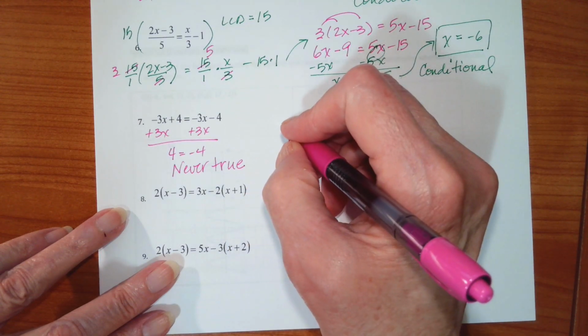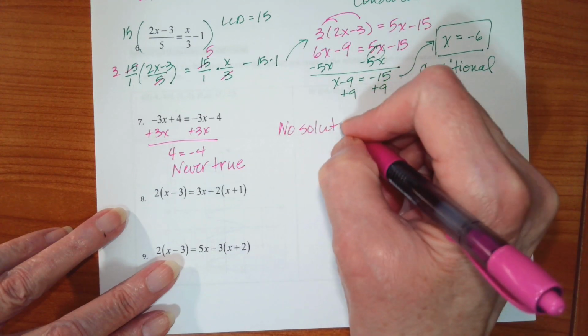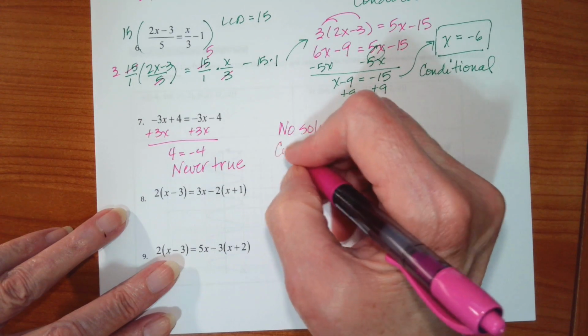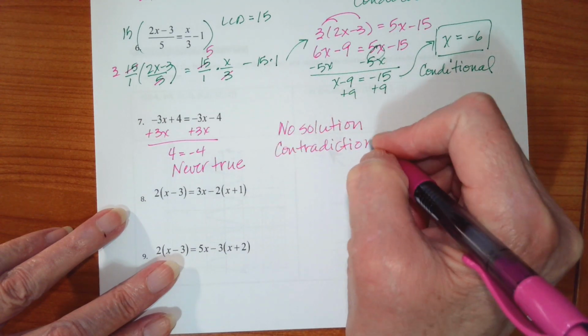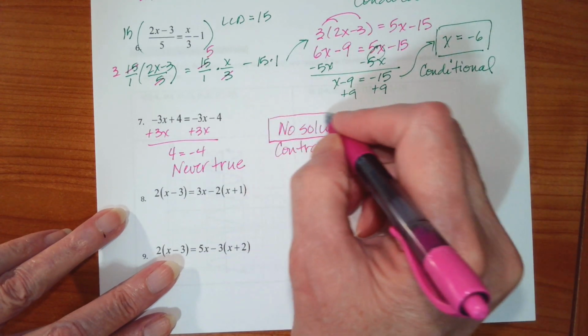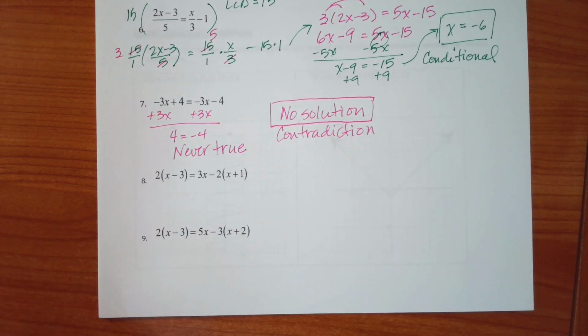This means there is no solution, which means it is a contradiction. So if you're asked for a solution, the solution is no solution, but that means it's a contradiction.